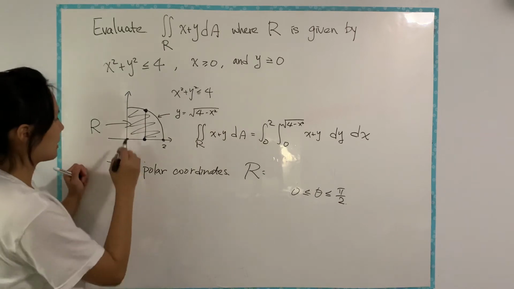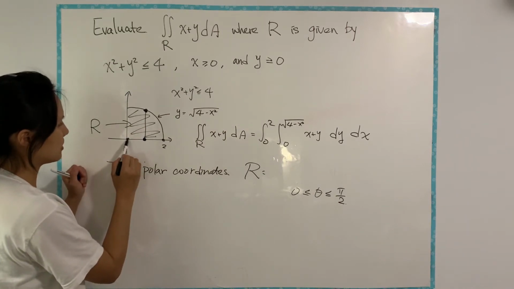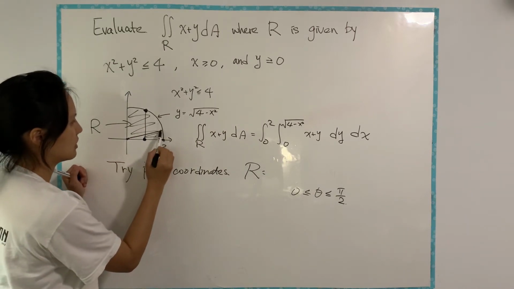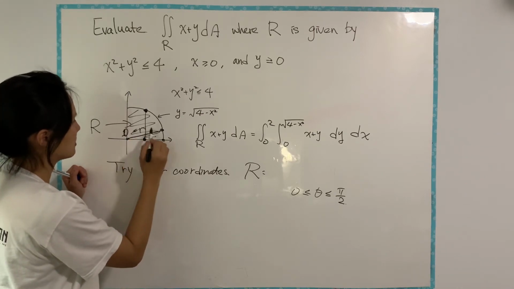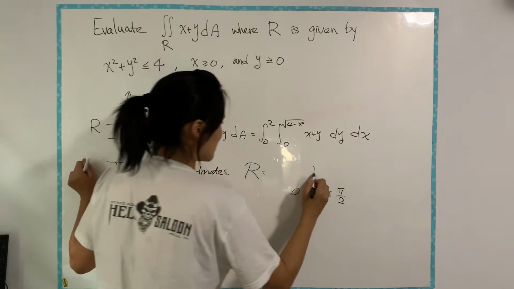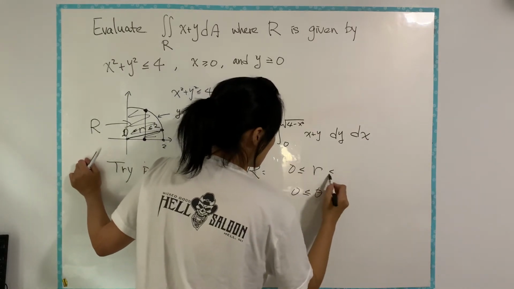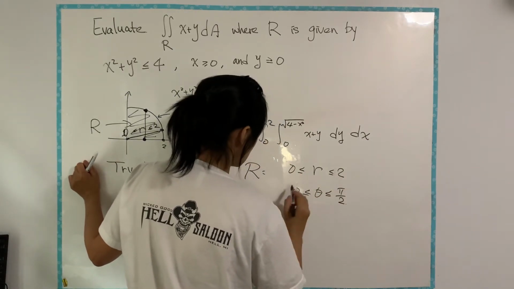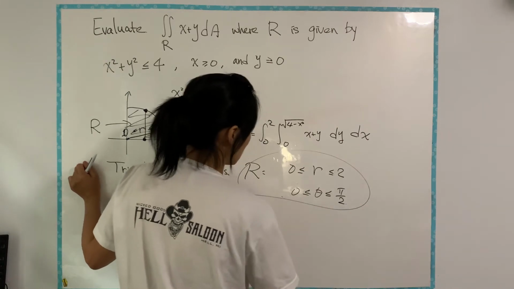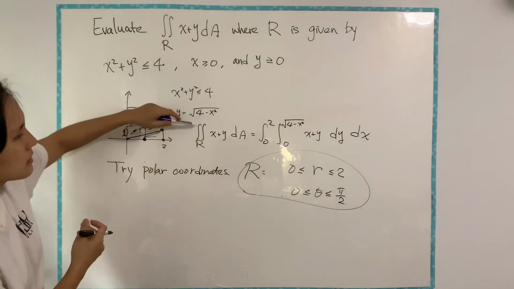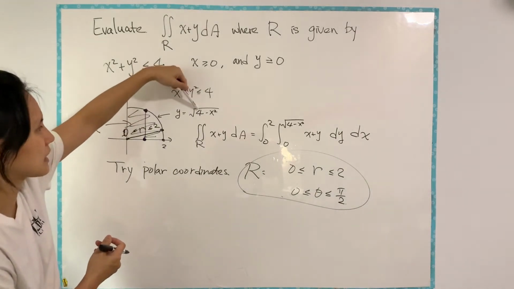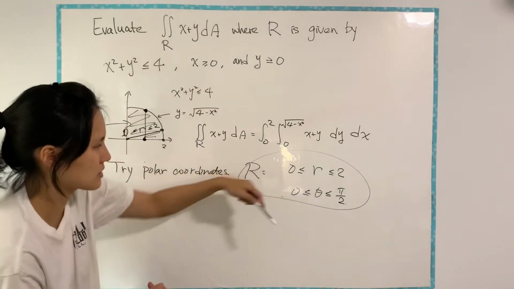And what is the r? r would be anything from 0 to 2. So you can see that if I use polar coordinates, the region R can be described very easily. It does not involve a function, does not involve square root, it's just constants.